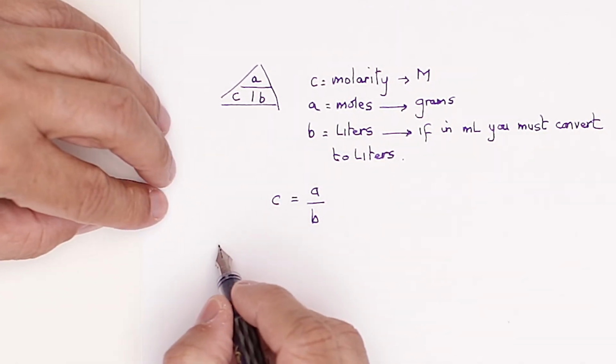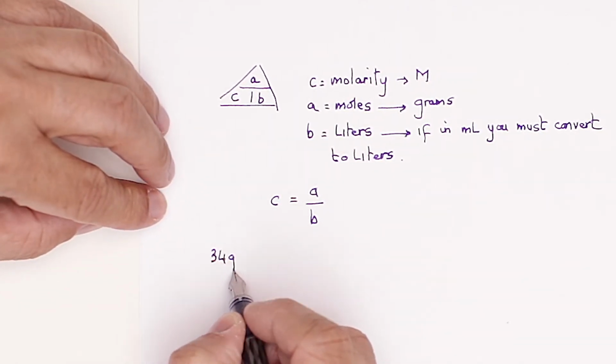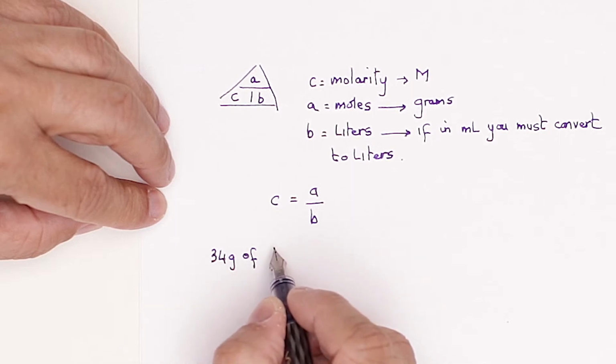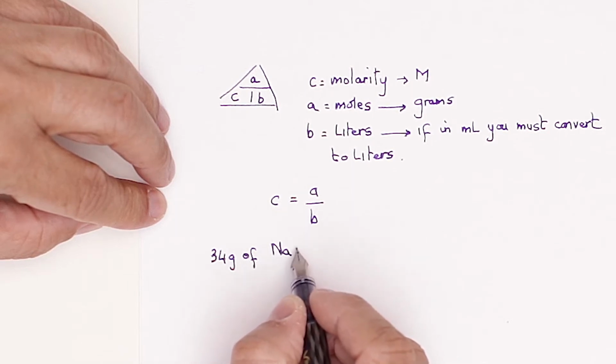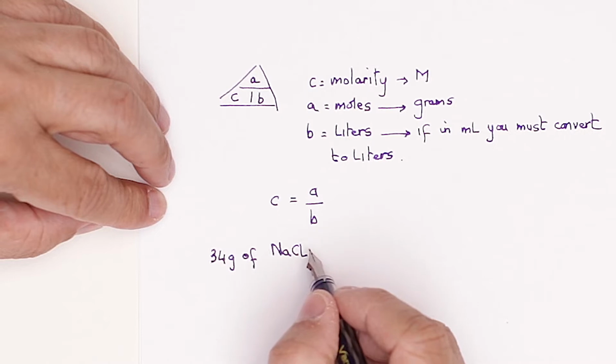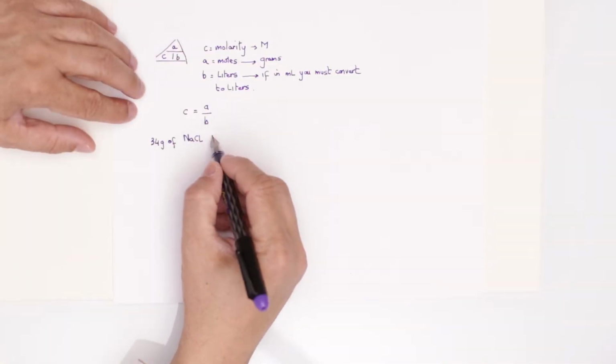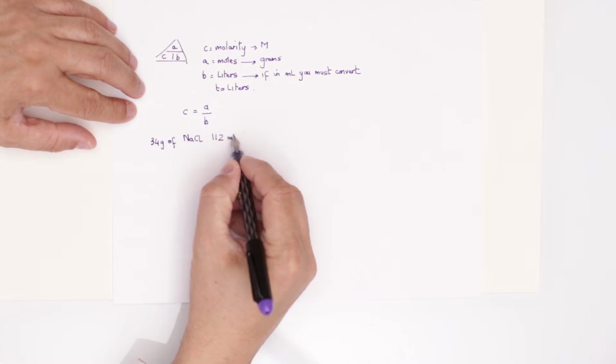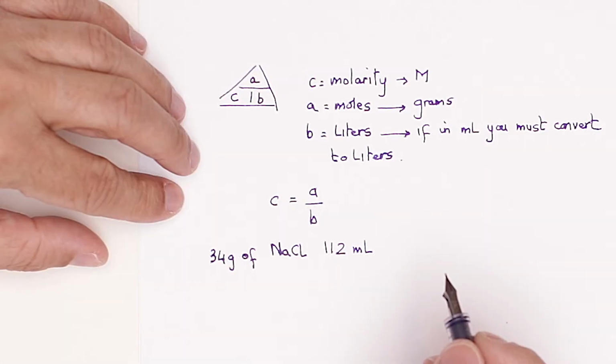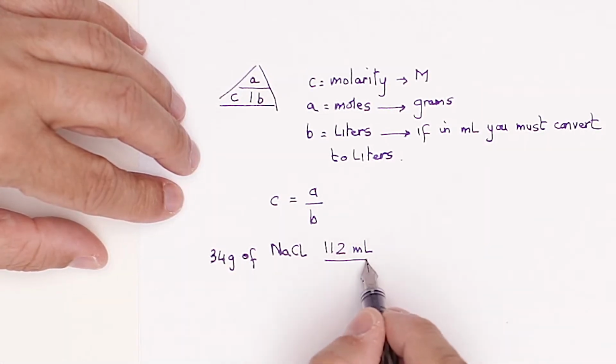So 34 grams of sodium chloride, and we're going to dissolve that to make a solution that is 112 milliliters. So you're making up 112 milliliters of basically brine, salt water.